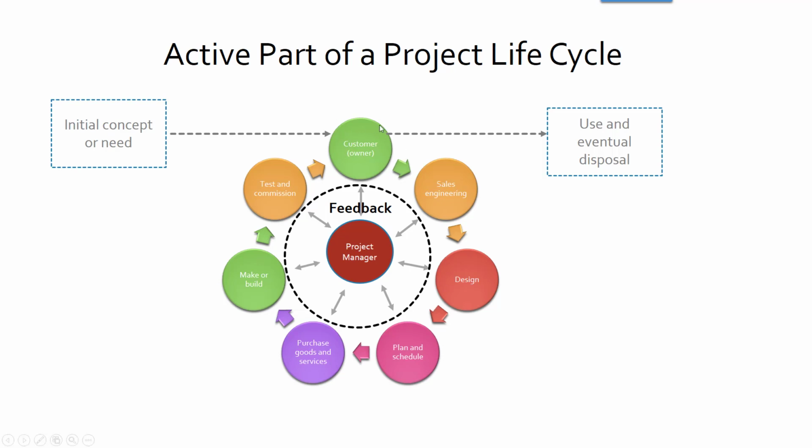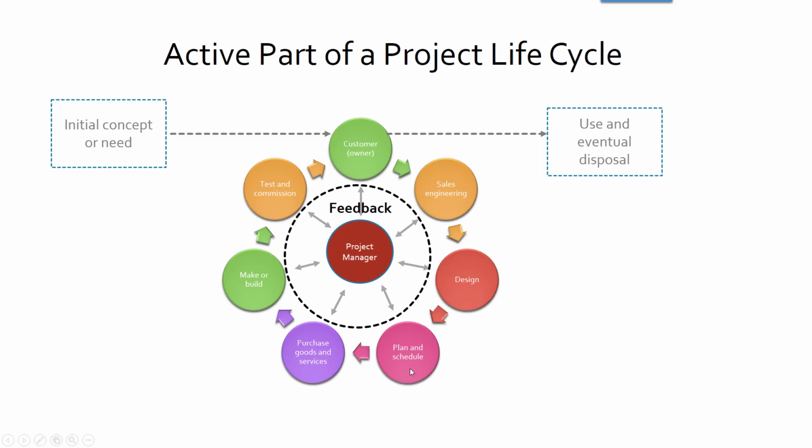So the customer or the owner is the person that you're trying to meet their goals based on what this need is. Sales and engineering, design, plan and schedule. This is a huge part. Purchase goods and service.